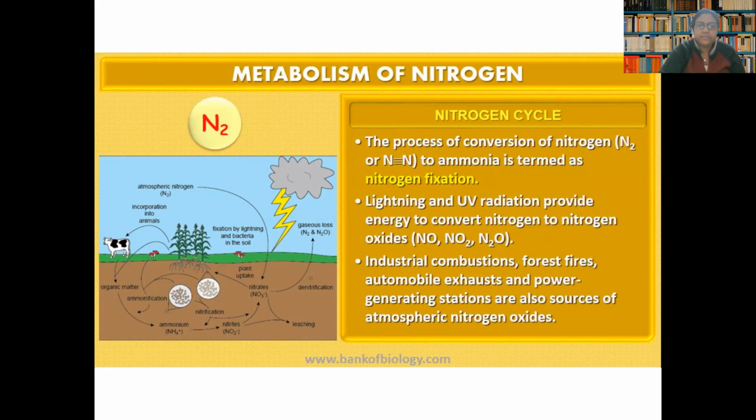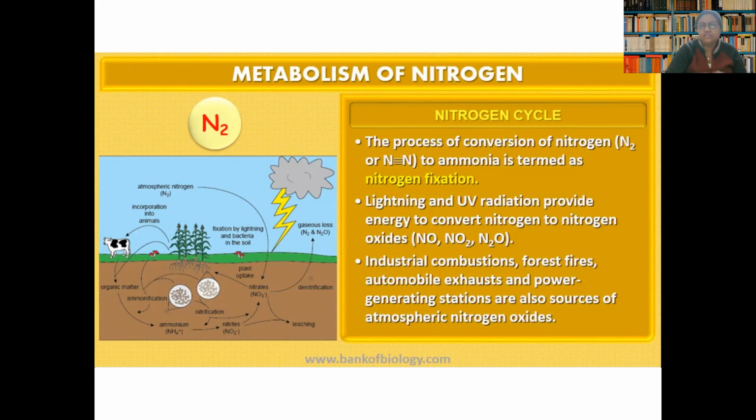But apart from that, some amount of nitrogen is fixed by lightning and UV radiation. Nitrogen oxides, many a time if we are having combustion, are released, especially from factory fuel burning, forest fires, and all these.